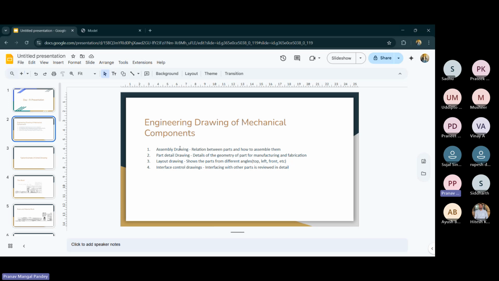Whenever you talk about what is directly assembling to it, which feature of that part is allowing us to assemble these two parts, either screw holes or a lid design or something, that is told in the interface control drawing. Normally, what is shown in the interface control drawing is how it is getting attached with other parts.